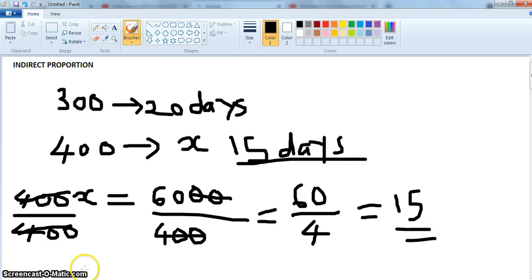Okay, so here, these we can call them our A values. So if you increase the number of chickens, what you get here on the side of days decreases. That is what we mean by indirect proportion. When you increase one thing, the other one reduces. So if we increase the chickens, the days reduces.